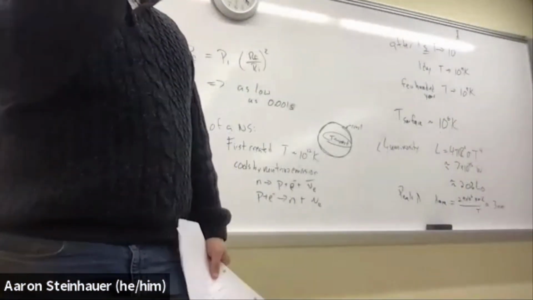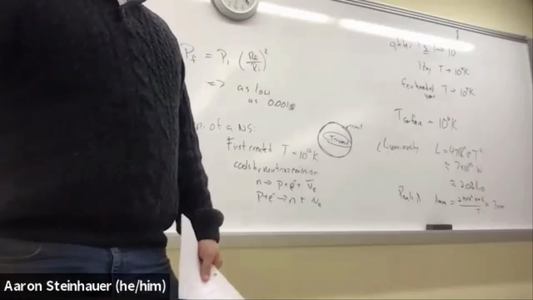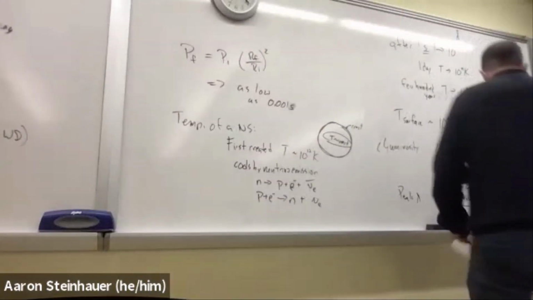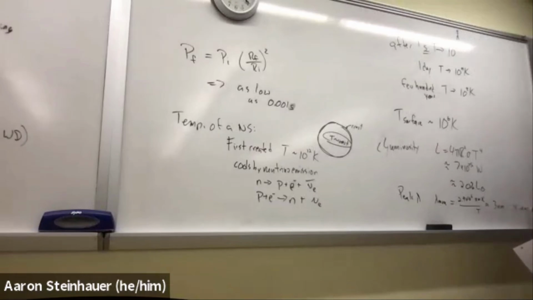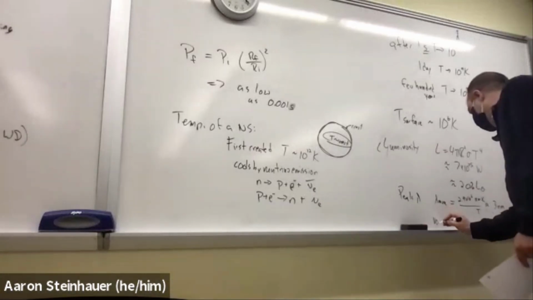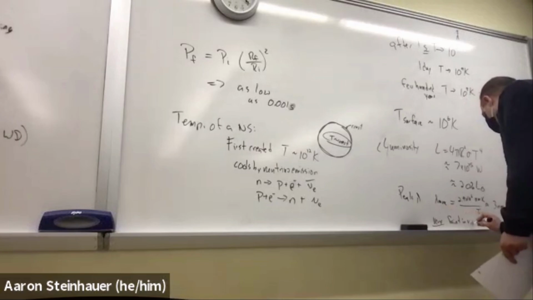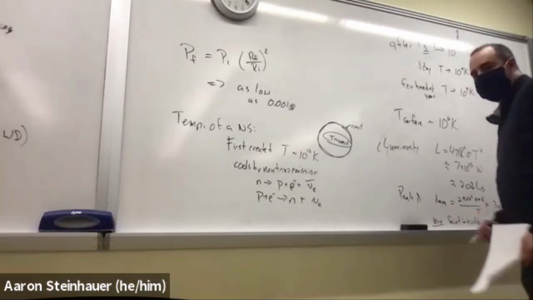Not 300 nanometers, which would be in the UV. 3 nanometers is squarely in the X-ray regime. And it's very faint in the visible. You're not going to get any visible light photons. So they're weird things.